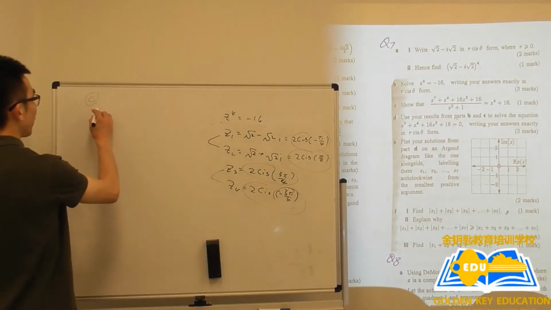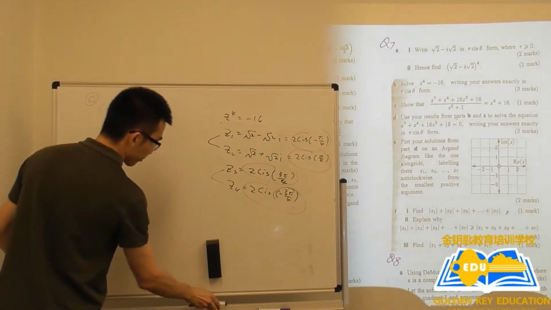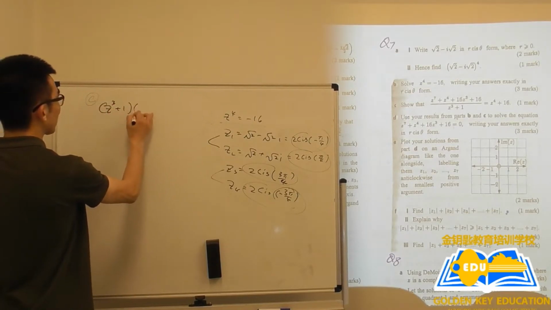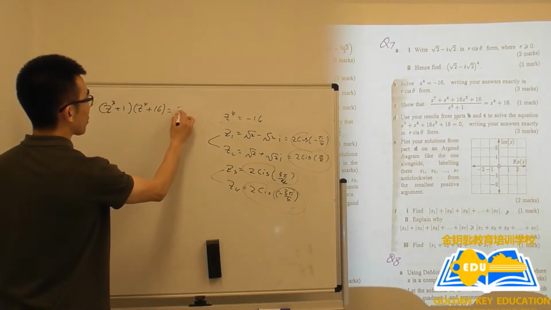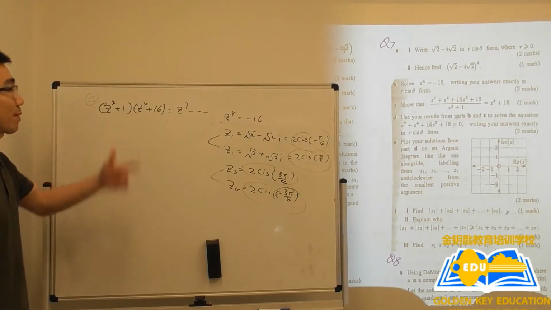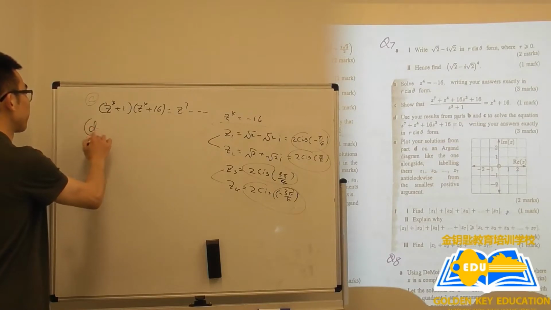We can easily show z cubed plus 1 times z to the power 4 plus 16 equals the power 7 polynomial expression, just by using expansion. So very, very simple.